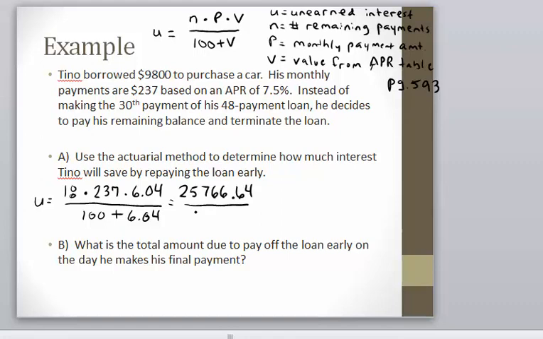And on the bottom, when we add these two values together, we're going to have 106.04. And when we divide, our final answer will be 242.99. We are rounding to 2 decimal places since this is money. So by paying off the loan early, Tino will save $242.99 in interest using the actuarial method.